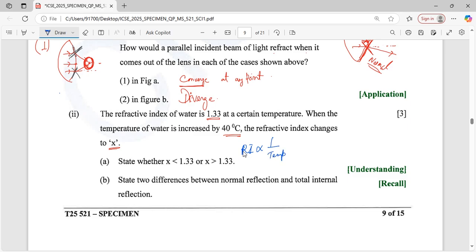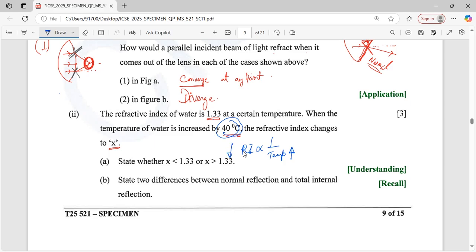If temperature increases and the refractive index and temperature are inversely proportional, then we know that the refractive index also decreases.